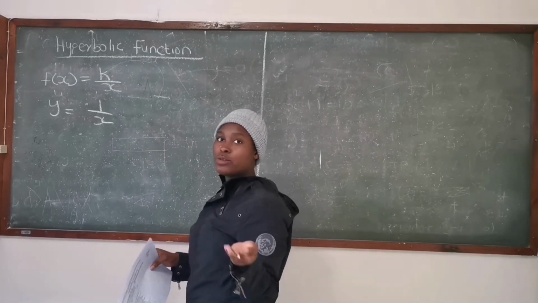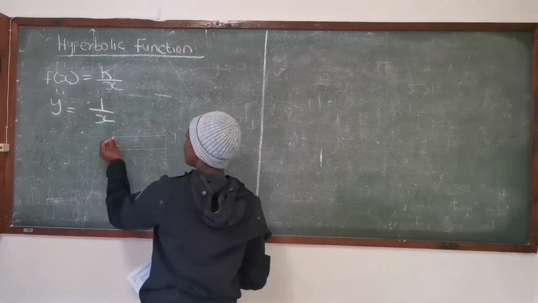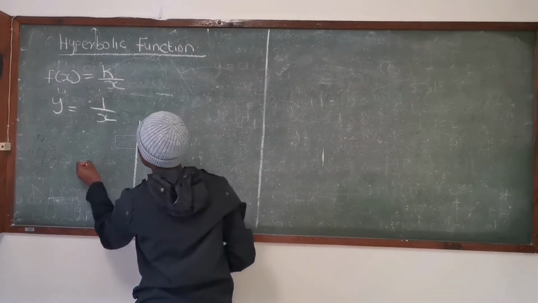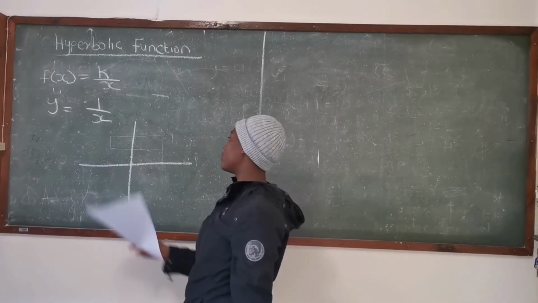I'm not going to use a ruler or anything, so bear with me. I'm just going to show you how the graph would be if we were given this formula.